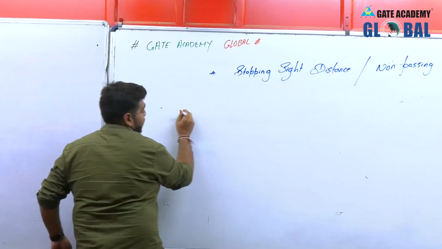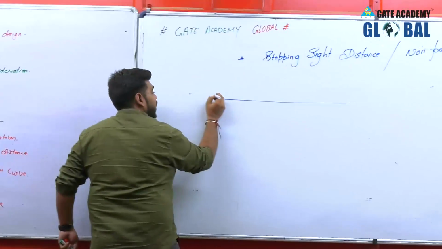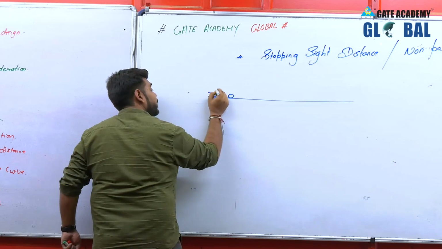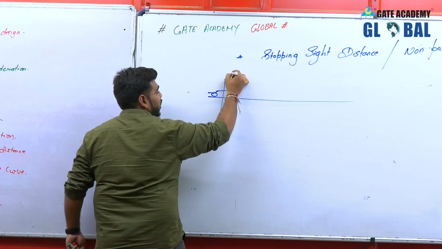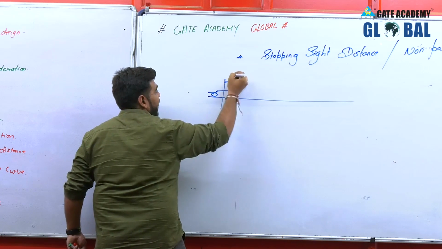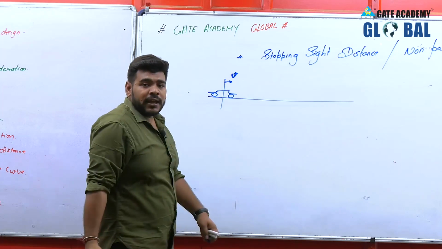Fine. So in braking distance we are learning from this figure. Let's see this figure. There is a vehicle; from the moment the brake is just going to be applied, the vehicle is moving with a velocity v.